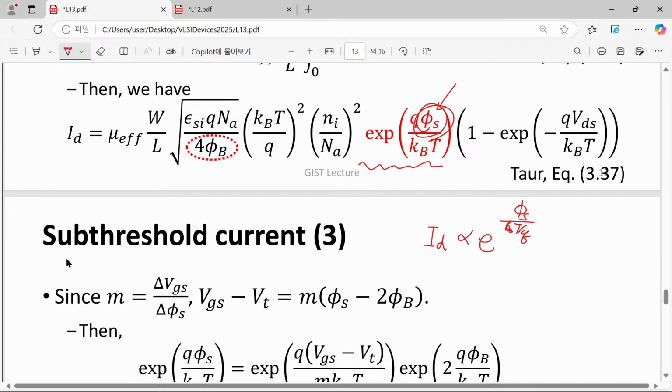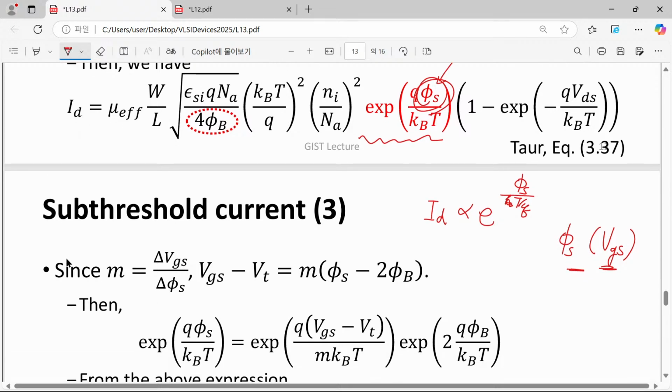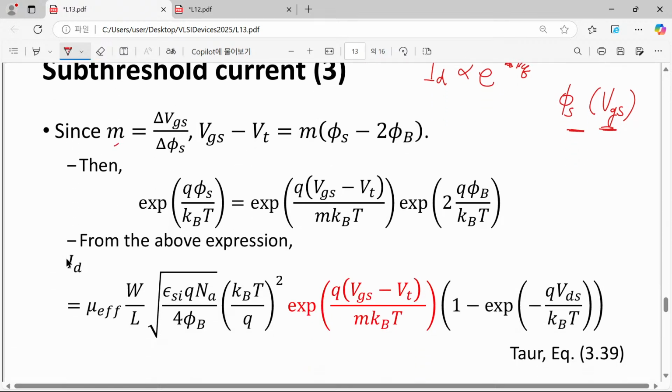Then our next question is, how about the relation between surface potential, band bending, and gate bias? That is the key point. And there we have M once again.